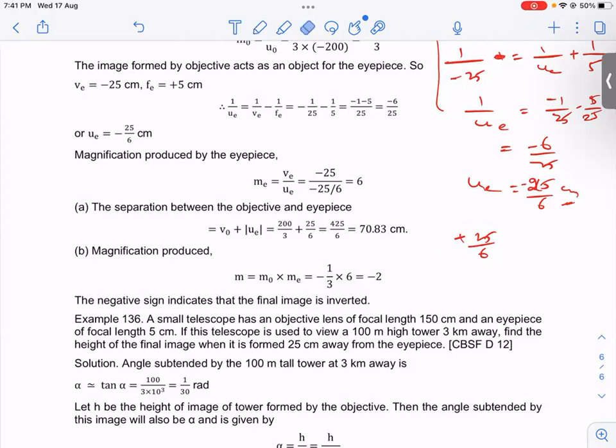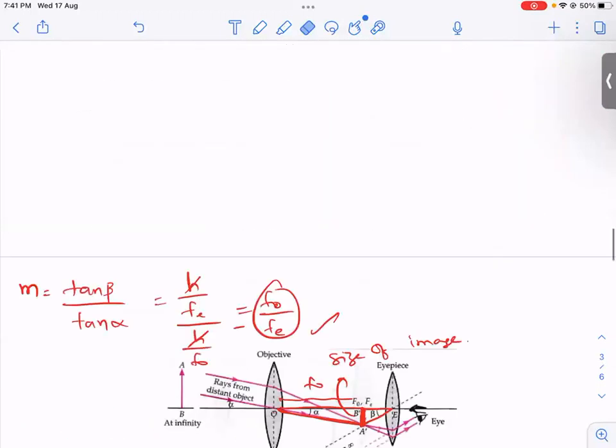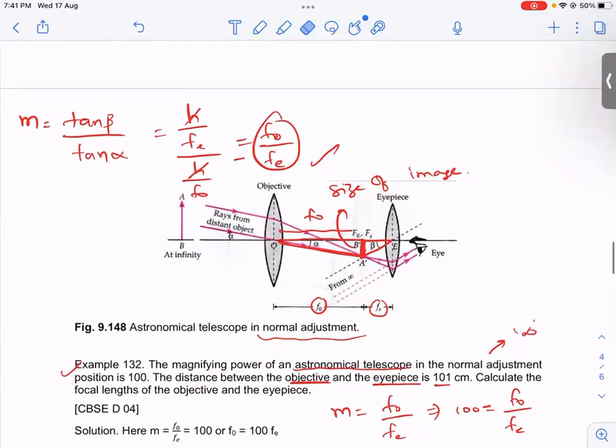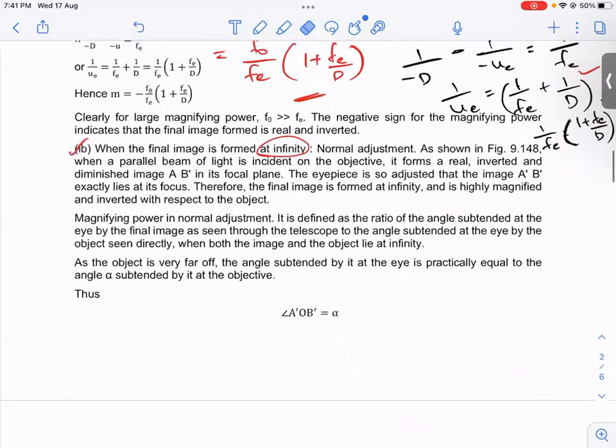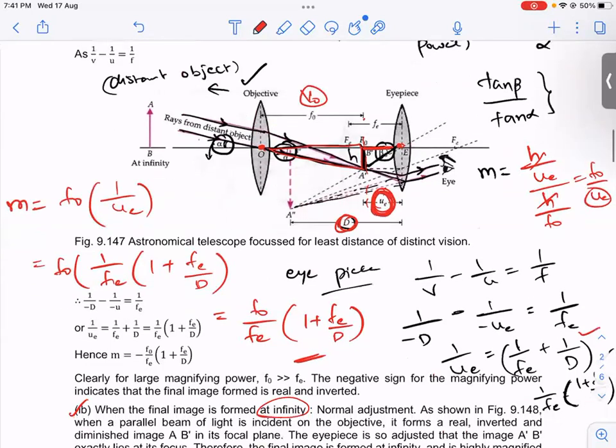Here it will be v naught plus u_e. In this scenario, this distance will be v naught. v naught plus u_e should give you the answer.